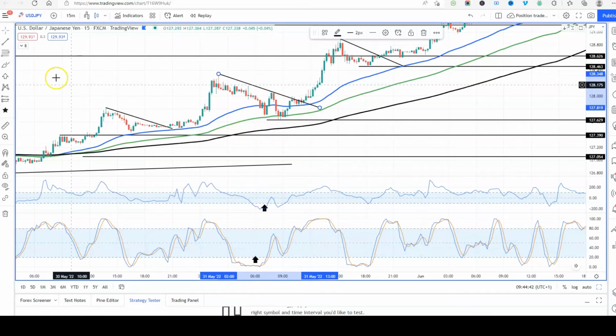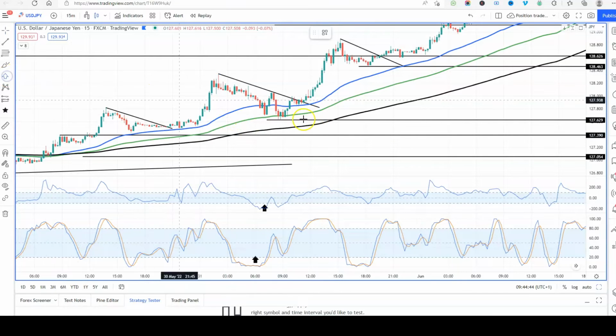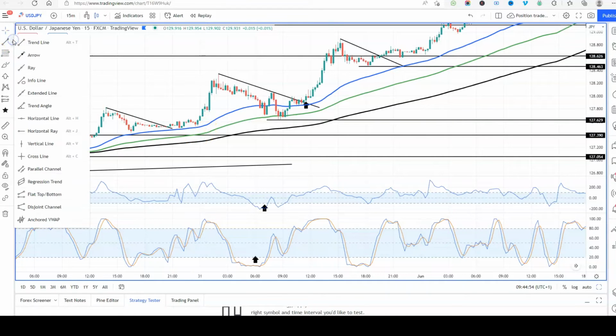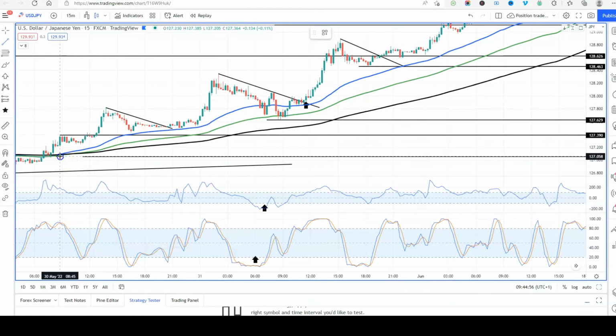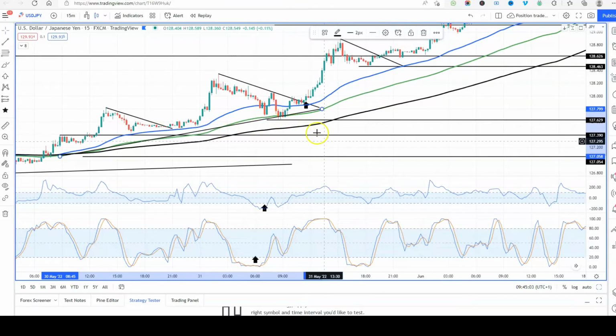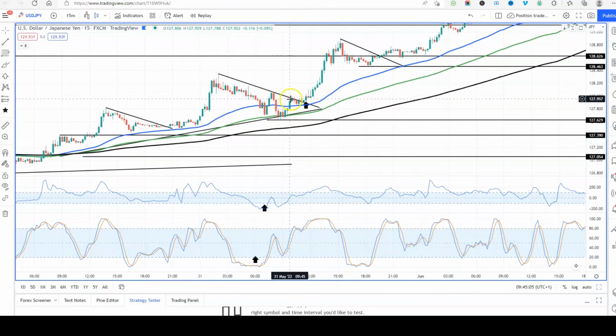And what you're looking to do is enter here as the price breaks out of that formation. Now it is a triangle formation, and it could break down and move back down. We don't know that, but now it is achieving higher highs as well.